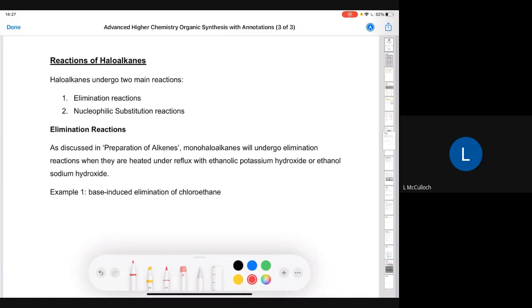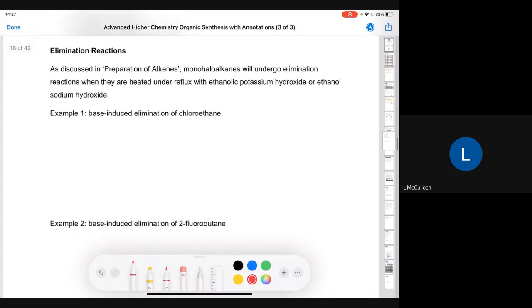Okay, so we're going to start with a little recap of elimination reactions. So as discussed in preparation of alkenes, monohaloalkanes will undergo elimination reactions when they are heated under reflux with ethanolic potassium hydroxide or ethanolic sodium hydroxide.